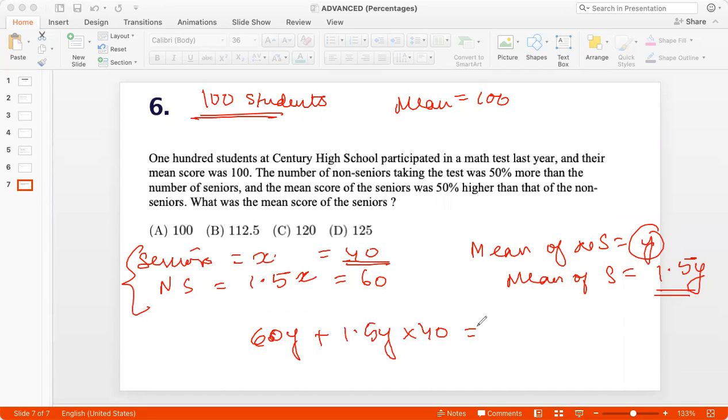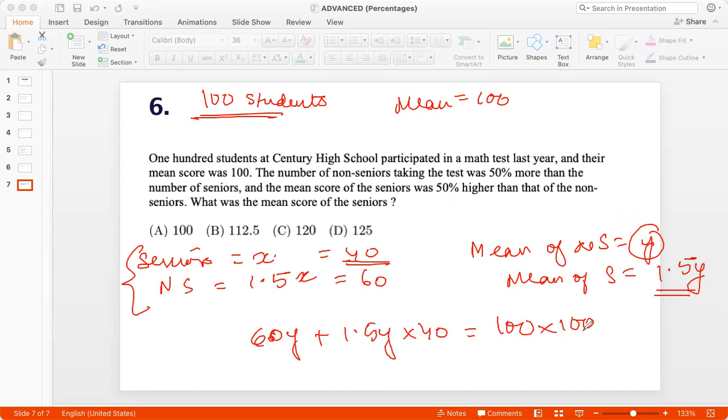Because I've taken the number of non-seniors, multiplied it to their mean, and the number of seniors, multiplied it to their mean, and I've added them. So this total score should just be 100 into 100, because I know that the mean for all 100 students is 100, right?